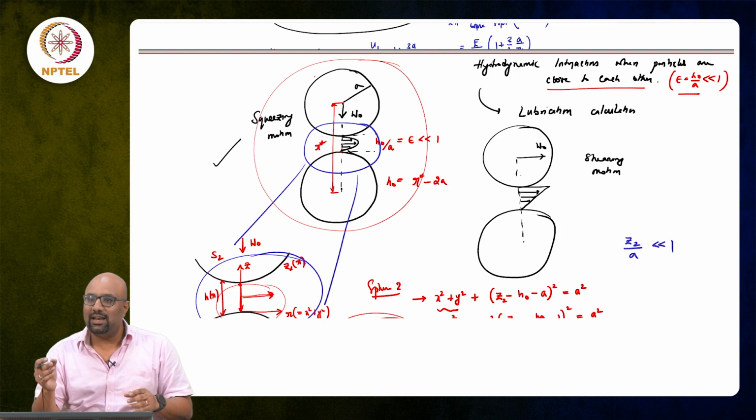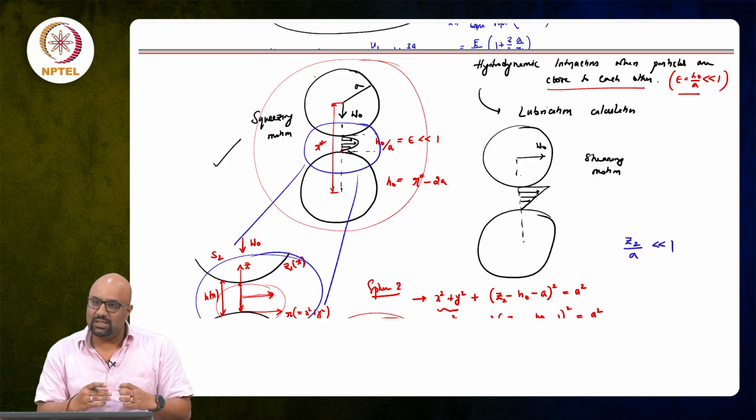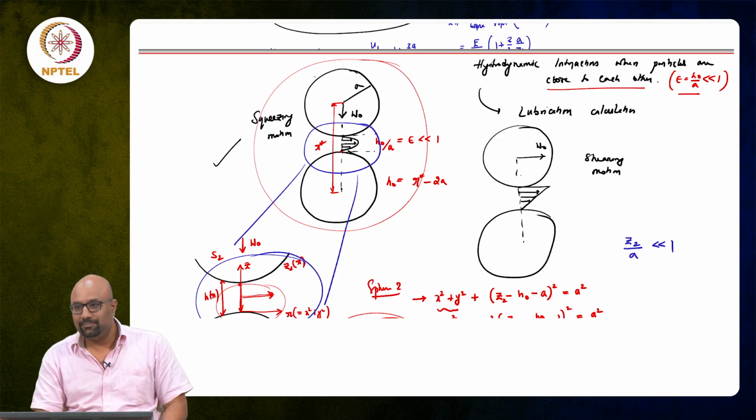It appears very arbitrary. What is the justification for choosing that? The justification comes from the fact that the surface is curved, and on choosing this rescaling, I should be able to maintain that curvature at leading order.